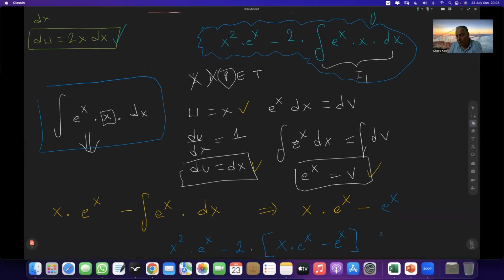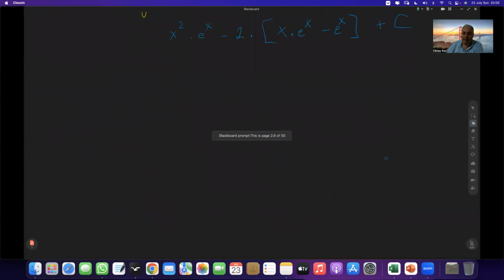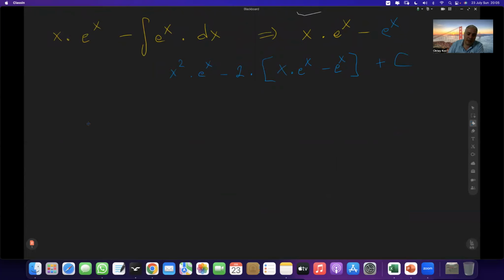Since we don't have the boundary, we always have the integral constant c. If we rewrite this, it will be x squared times e to the power of x minus 2x e to the power of x plus 2 times e to the power of x. I just distribute negative 2 times this and negative 2 times that, plus c.